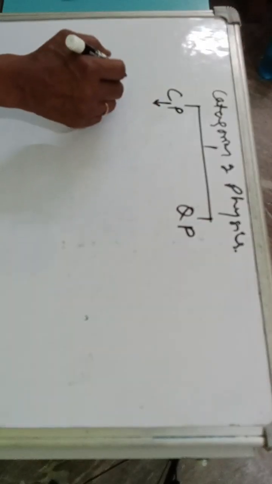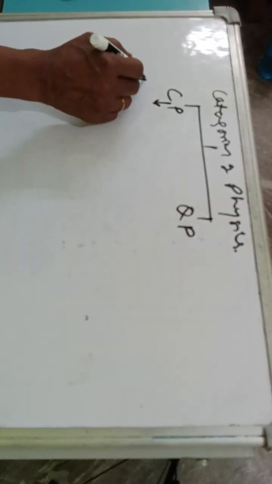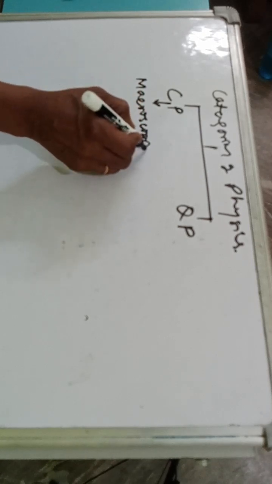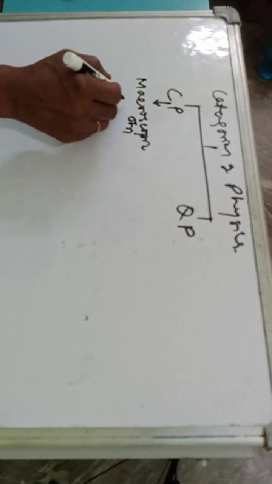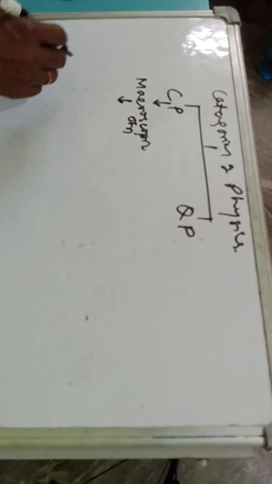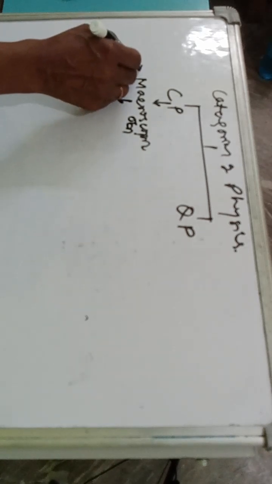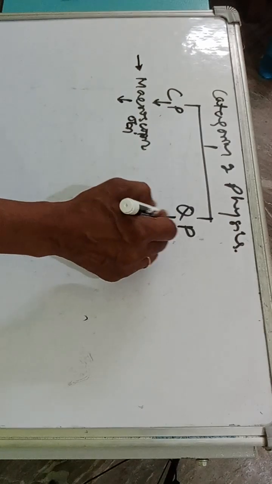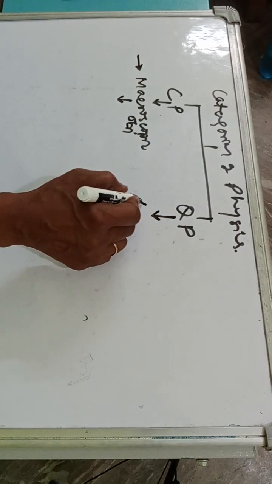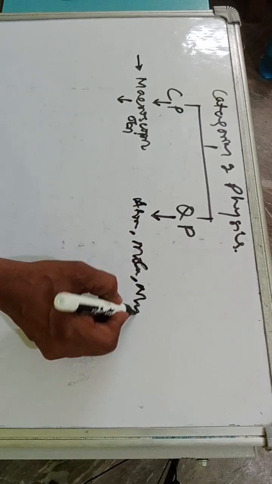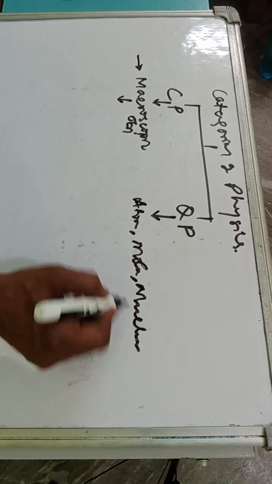Classical physics deals with the study of macroscopic objects, that is big objects, all terrestrial and celestial objects. Whereas quantum physics deals with the study of atom, molecule, and nucleus particles.